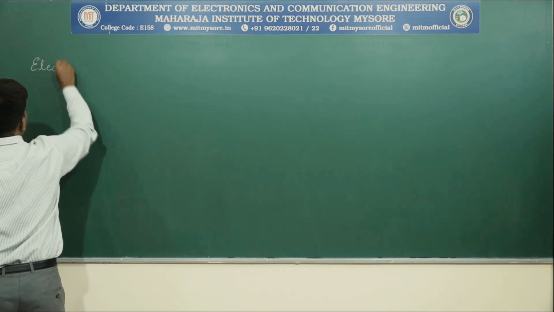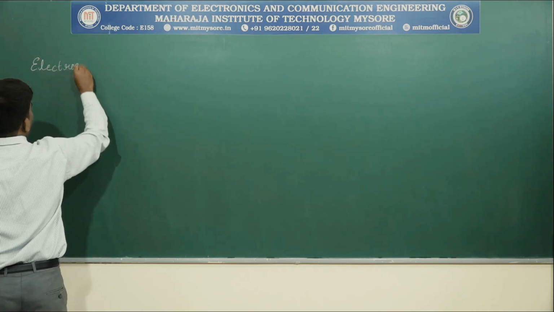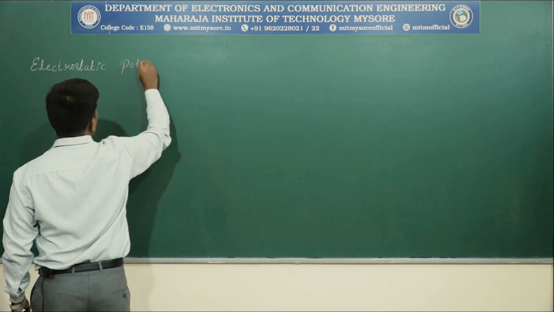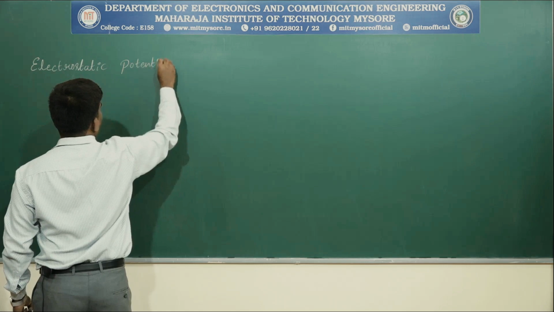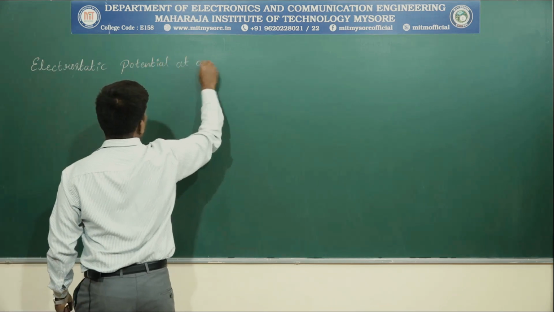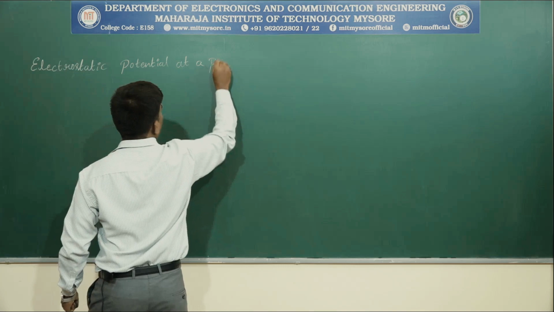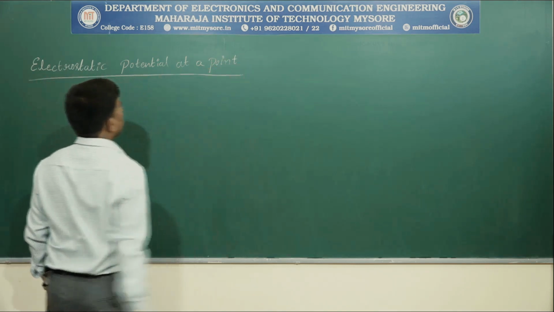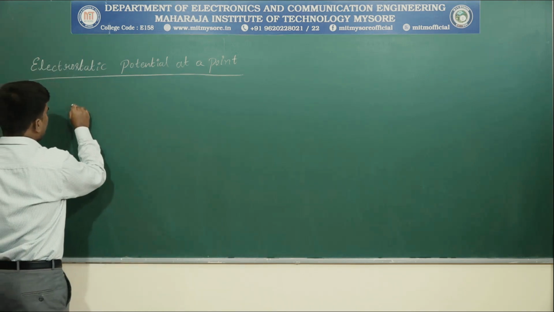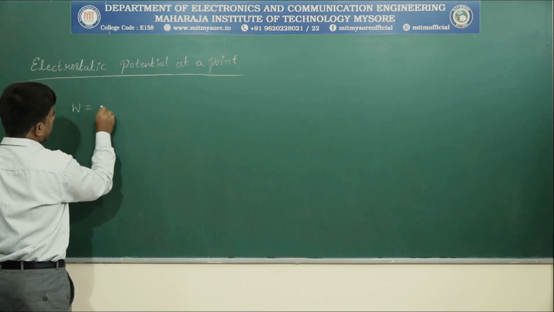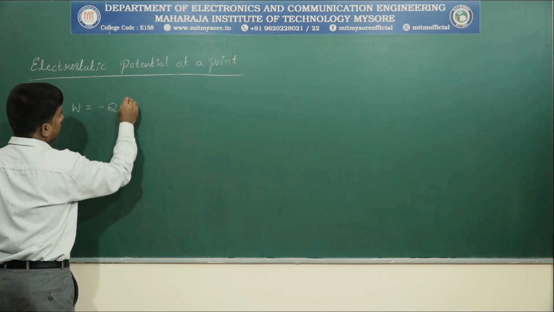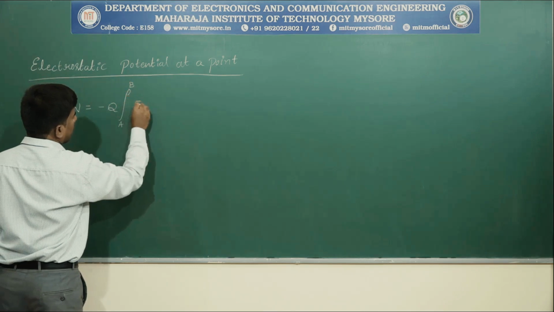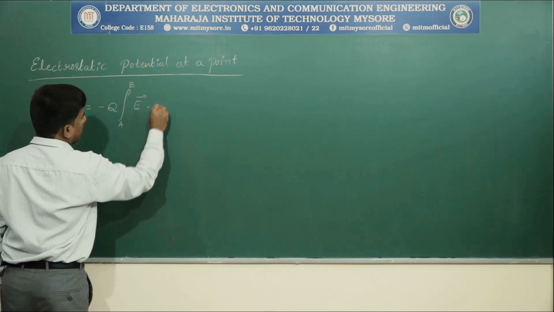Electrostatic potential at a point. We have seen the equation for work done, that is W is equal to minus Q integration from A to B E dot dl.